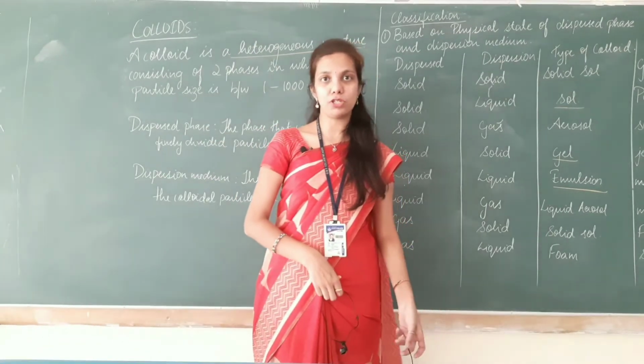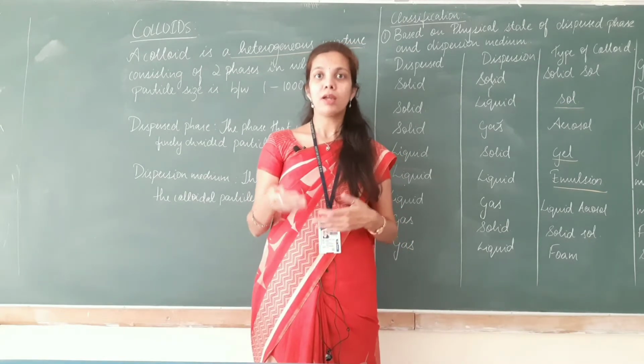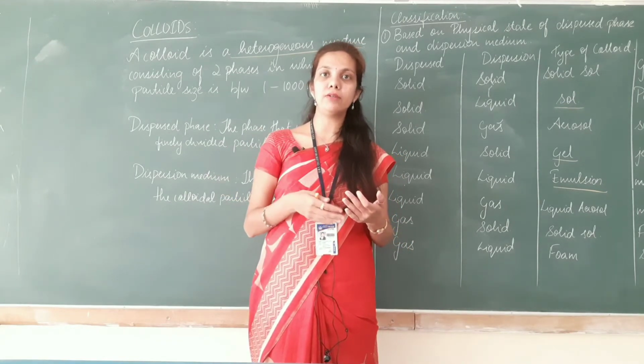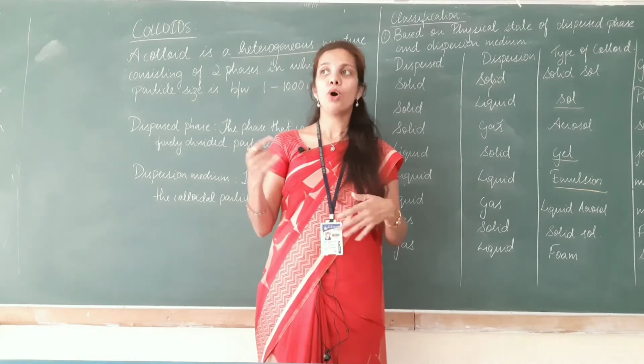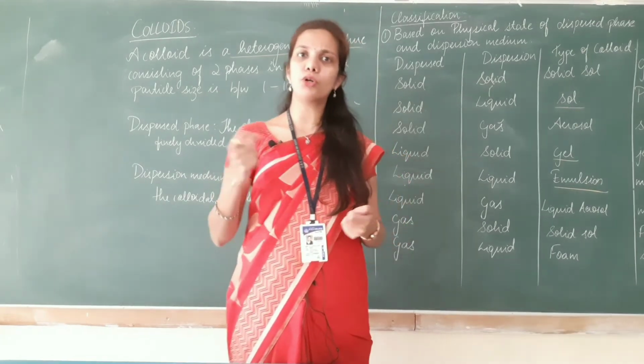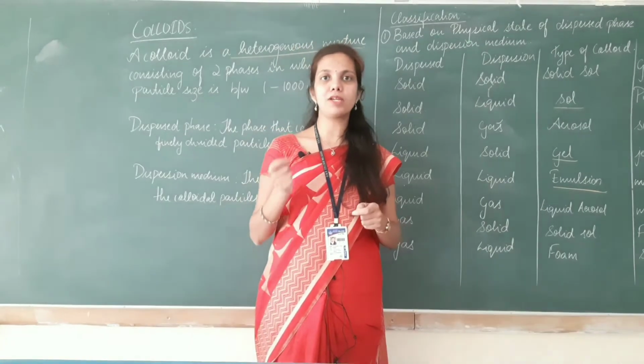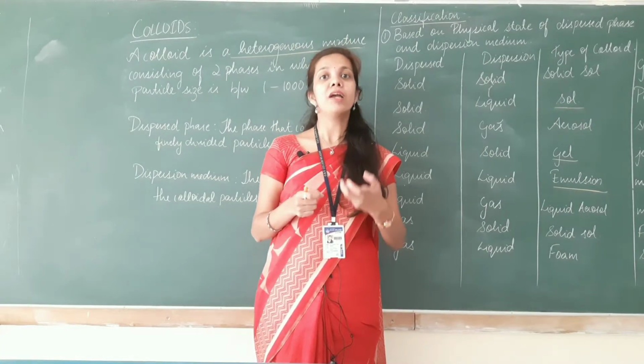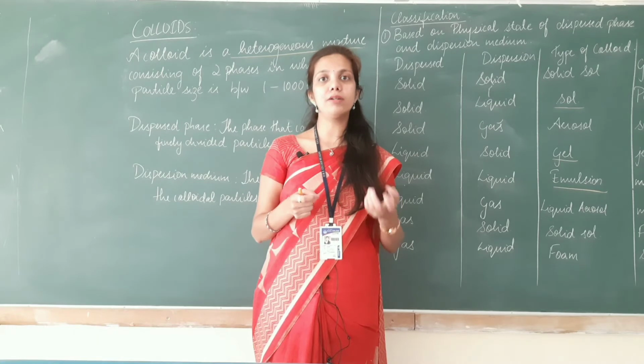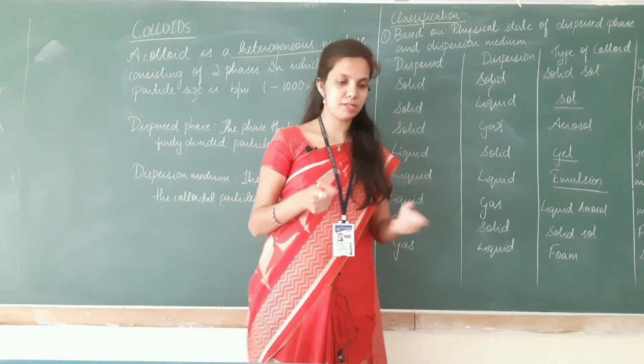Unlike a suspension, they do not settle down and they cannot be filtered using filter paper. Also, many properties of colloids are related to the large surface area of the dispersed particles.